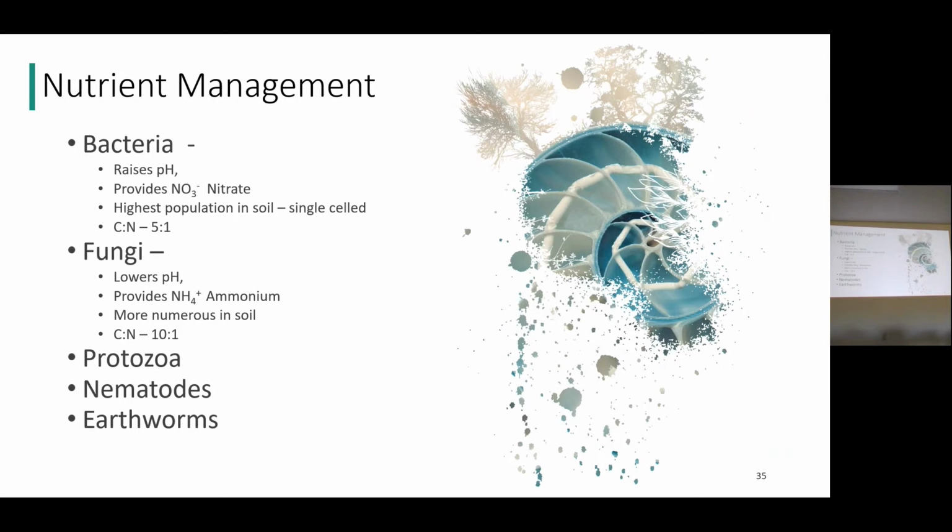Their carbon to nitrogen ratio is 5:1. Fungi actually lower pH and provide ammonium. They're more numerous in the soil than bacteria, but less so than the bigger ones like the protozoa, the nematodes, and the earthworms. And the fungi carbon to nitrogen ratio is 10:1.